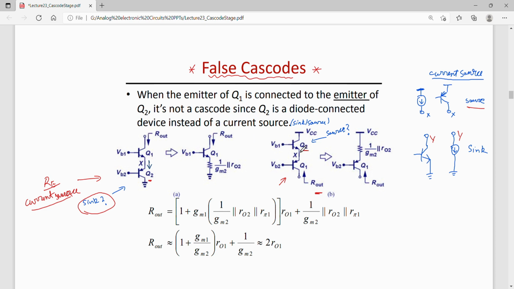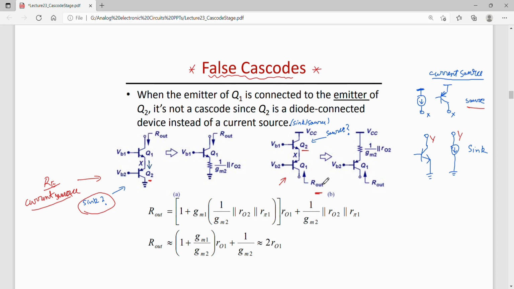But since this Q2 cannot be used to source the current, it can only be used to sink the current, this is not acting as a current source. In fact, in the small signal model, if you draw it, you will see that this is basically a diode connected transistor Q2 here also. So it's not working as a current source. So this is a false cascode.